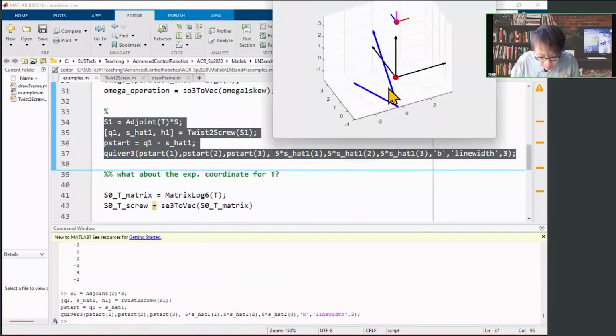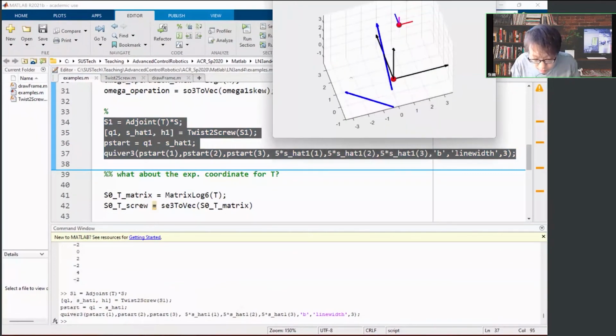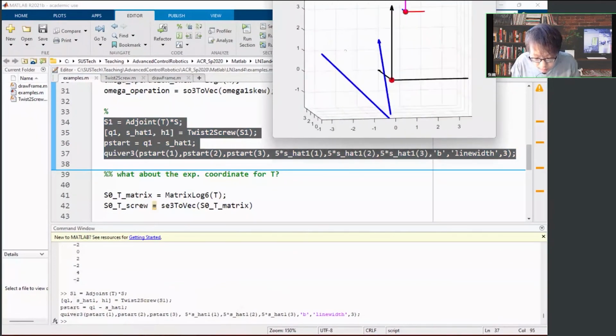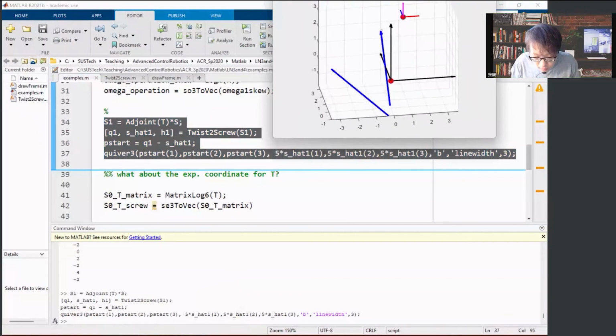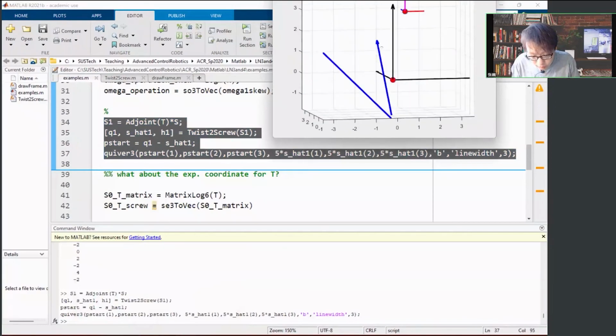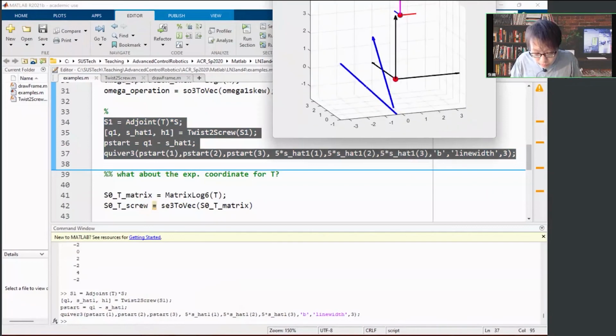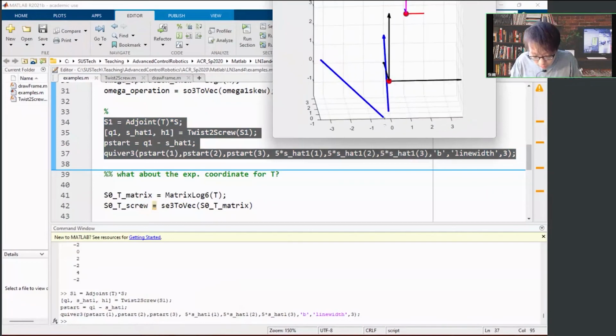From the same figure, you see that this was the original screw axis. I rotate about this z axis by half pi, it moves here, and we also move it along the z direction by -1. So this is the S prime we're looking for.